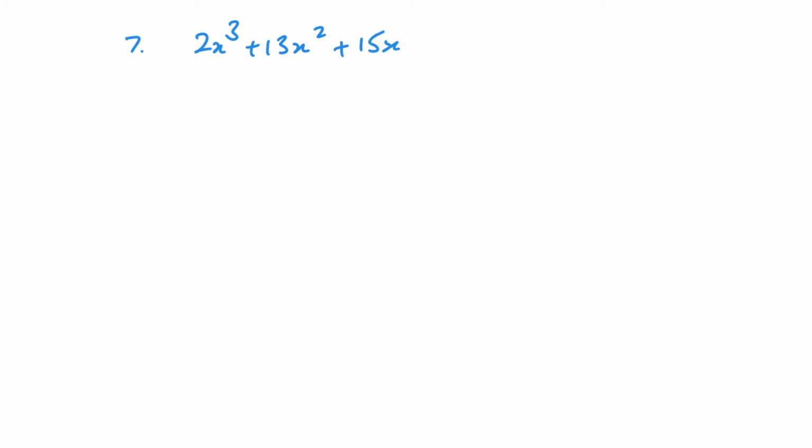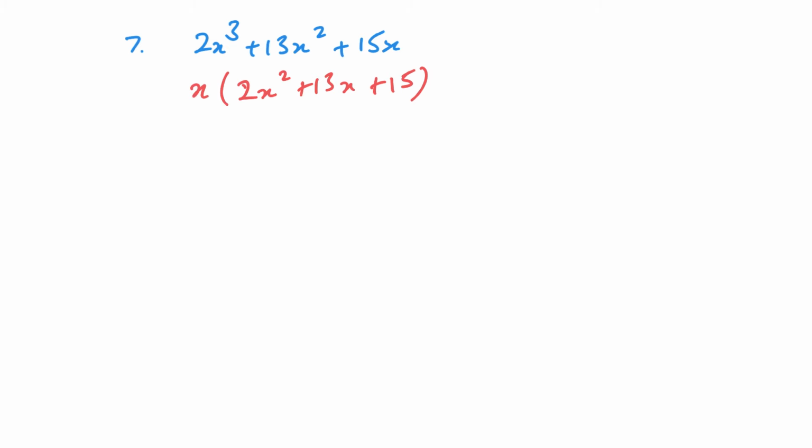And final one, you can see now I've got an x term in each. So the first step is to take the x term out. That gives me 2x squared plus 13x plus 15. Now, I see a lot of mistakes with this. Students sometimes think that this is equal to 0, as that's how they often see it.